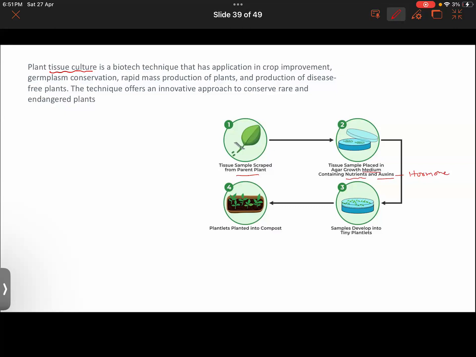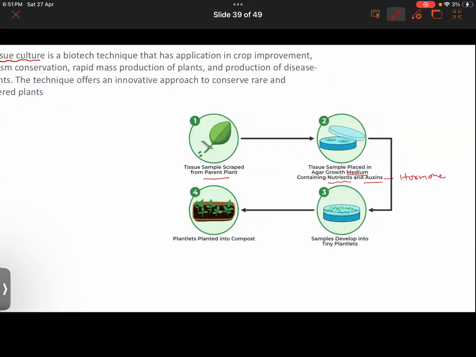Now you'll be studying about it in higher classes. So you have placed it in a china dish, and you have put some special nutrients and other kinds of hormones in it. Thereby this sample of tissue will start to grow. After a week or so, tiny samples called plantlets will start to grow.